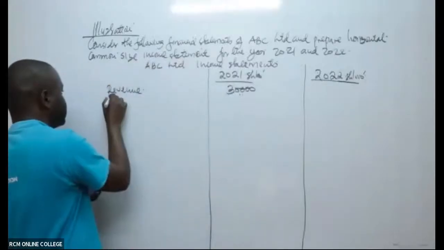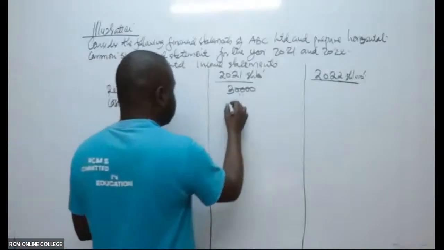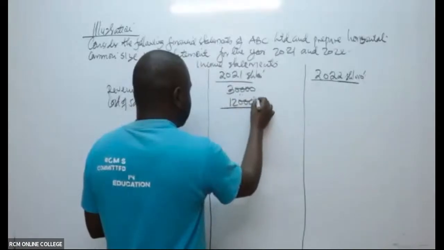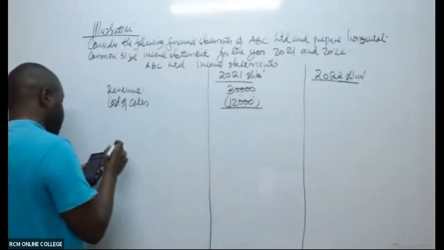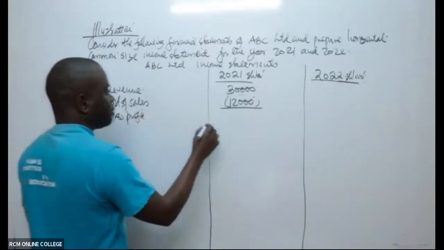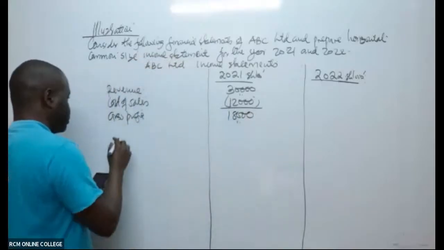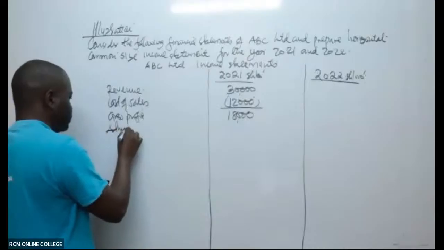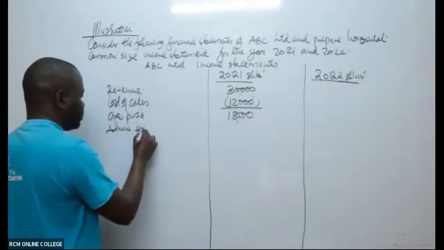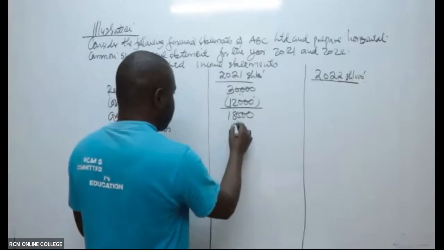Then cost of sales. That gives you gross profit of 18 million. Administration expenses, 1.5 million.